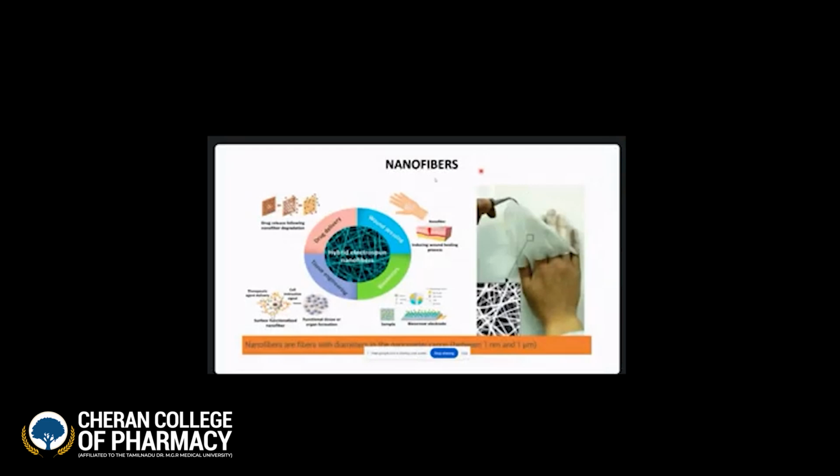Okay, another major concern in chronic type of wound is lack of oxygen supply. As I said, blood vessels cannot form during the chronic wound. So if there is no blood vessel, the oxygen also cannot be delivered to the wound regions. That will also delay the wound contraction.